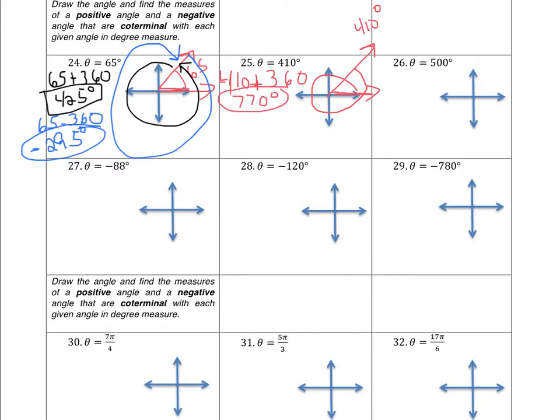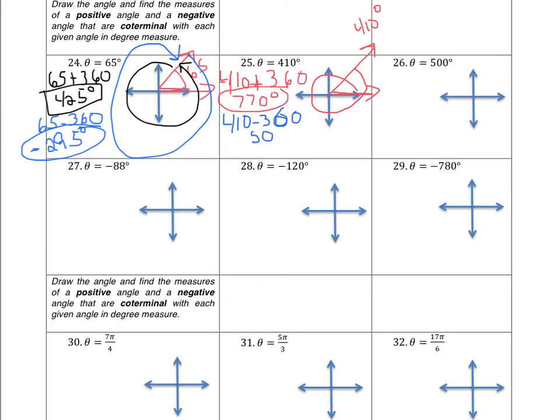So that's my positive angle. And then to get my negative angle, I would take 410 minus 360. And 410 minus 360 is 50.